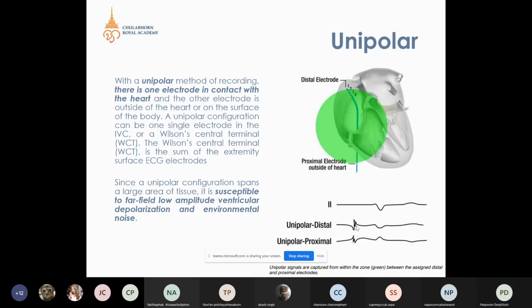If you still remember, the unipolar electrode is a positive pole, right? If the electrical impulse moves away from the positive pole, it will cause a negative deflection of the signal on that electrode.